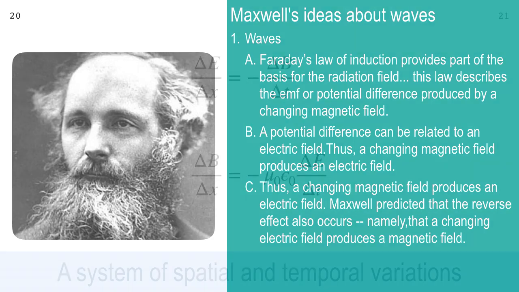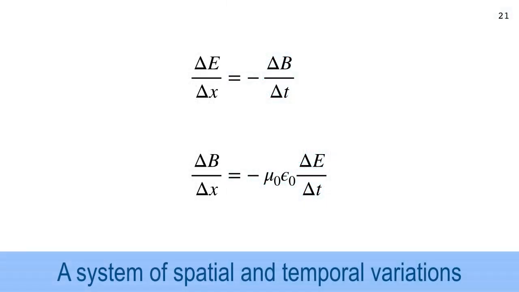And so what you get are equations that look like this. Now go ahead and write these down. Delta E over delta X is equal to minus delta B over delta T. And the other matching equation is delta B over delta X equals minus mu naught epsilon naught times delta E over delta T.